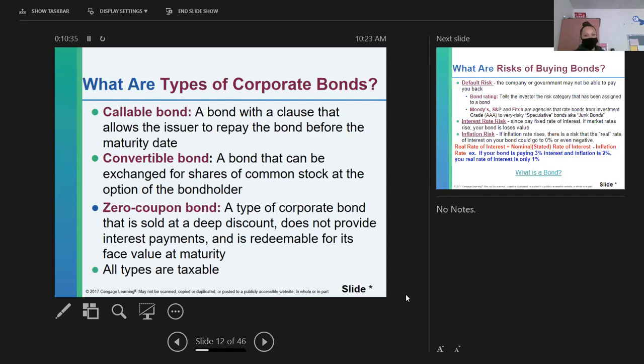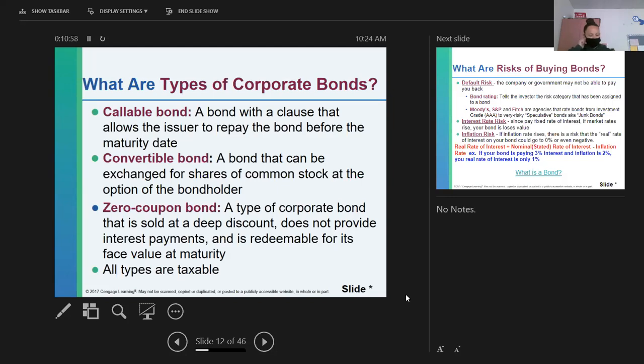A zero coupon bond is a type of corporate bond that is sold at a deep discount, does not provide interest payments, and is redeemable for face value at maturity. So the book says they are typically sold 50 to 75% below face value.